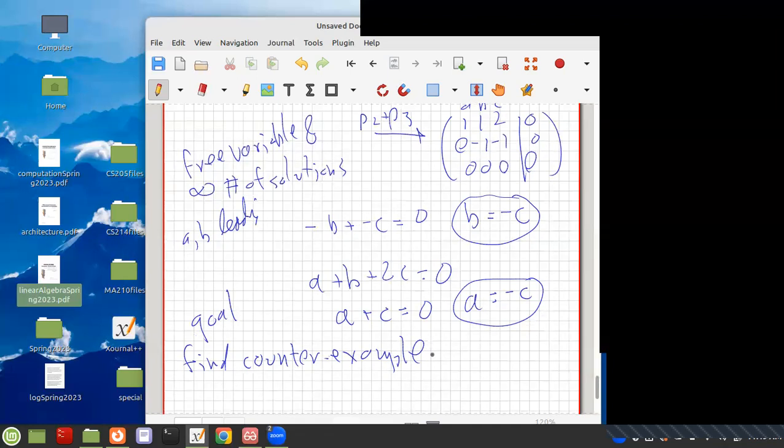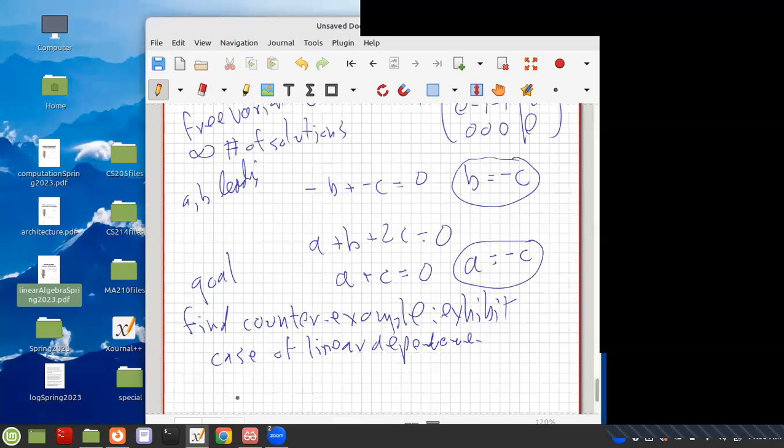Because you want to exhibit a case of linear dependence. There can be lots of different situations, but you only have to demonstrate one.